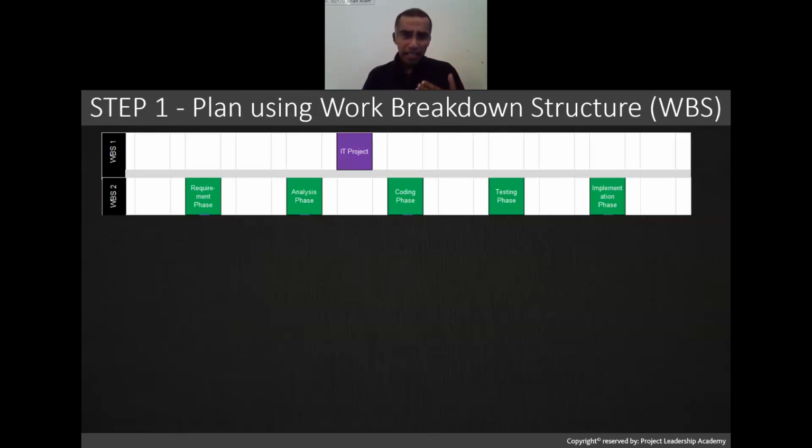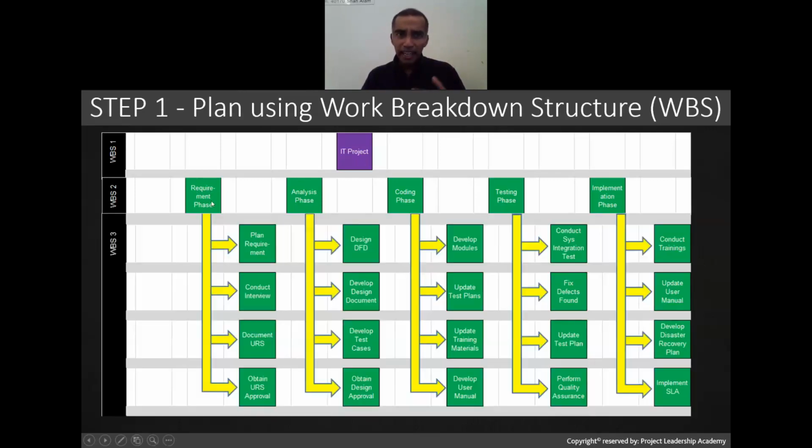And for WBS level 3, for each one of them, let's say for requirement phase, I have 4 activities. Plan requirement, conduct interview, document URS, obtain URS approval. Under analysis phase, design DFD, develop a design document, develop test cases, obtain design approval, and so on for all of them, right?